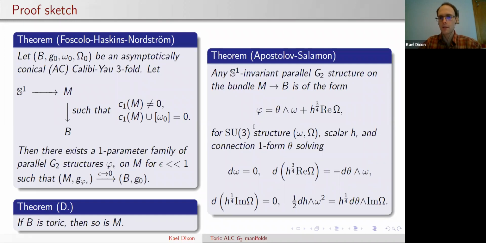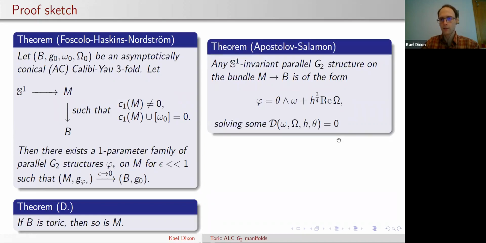So the G2 structure has to be of this form, where on the base you have an SU(3) structure and a scalar H, and then there's the connection one-form for the bundle, theta, and it's going to solve a bunch of equations. These equations are what you need to make sure that the holonomy of G2 is parallel. But we don't really care about the form of the equation, so we're just going to contract everything and just say some linear differential operator vanishes.